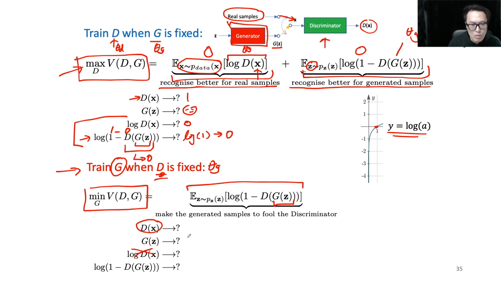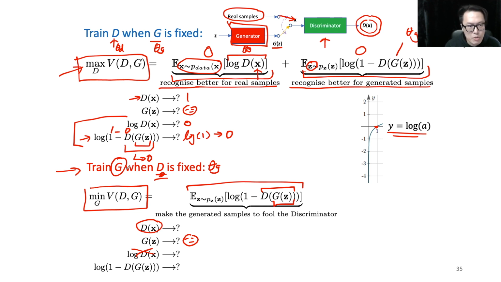Again, this is a sample, say an image, a face. We do not know what kind of information it is, but we care about D(G(z)). That means when we feed this fake face into the discriminator, we would like to know what value of D it gives.